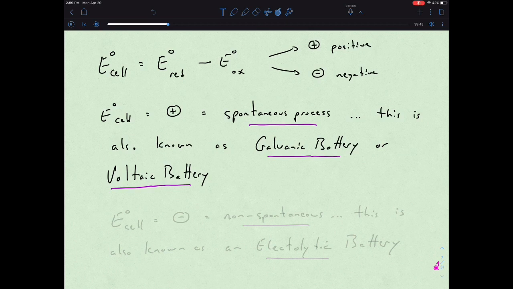We could also have our E cell be negative, and now that's non-spontaneous. This is also known as an electrolytic battery.